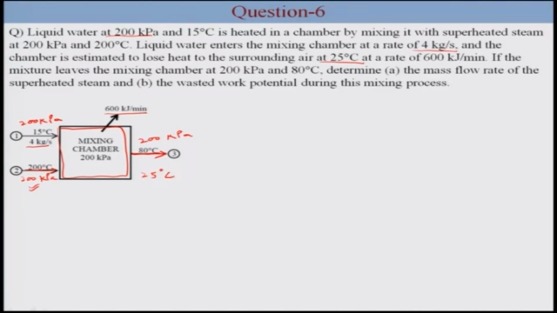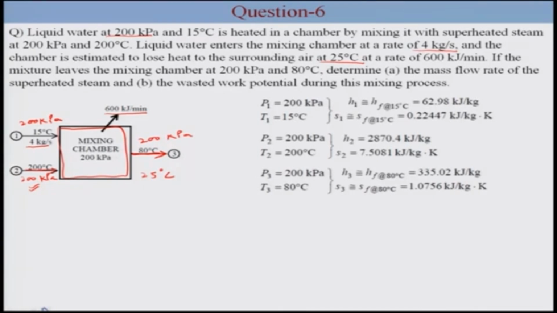So for the first stream, if we see from the table, this is a compressed liquid. So we can approximate this compressed liquid from the properties of the liquid at its temperature, that is 15 degrees Celsius. So enthalpy at state 1, H1, is Hf at 15 degrees Celsius, which is 62.98.